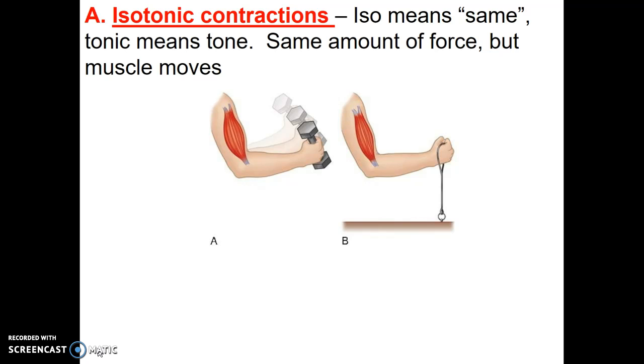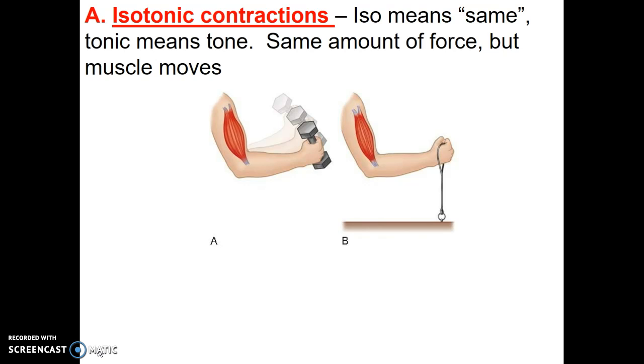So A represents isotonic contraction. B, the guy's flexing his muscles, and he's flexing a ton of them. As you can see, the floor or whatever it's attached to is not moving because he's anchored down there, but he's flexing them. So he's got the same amount of force, so it's iso, but the distance is the same.